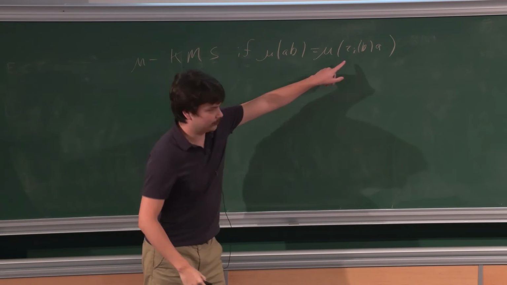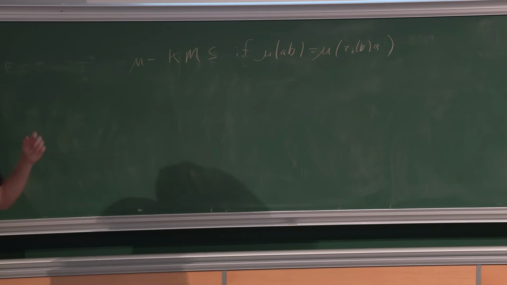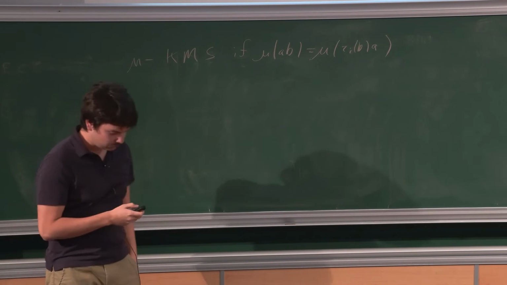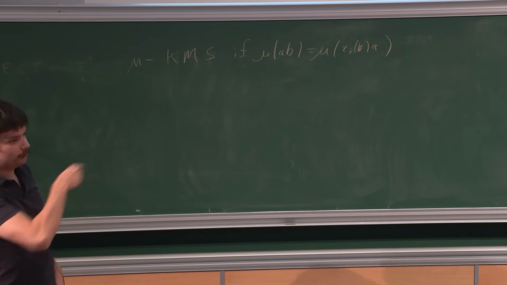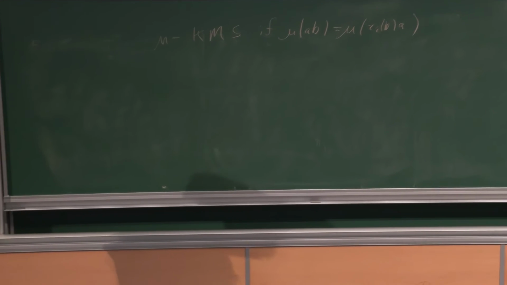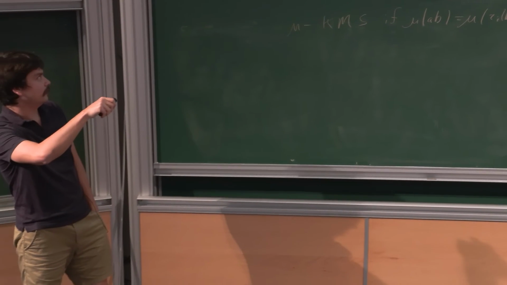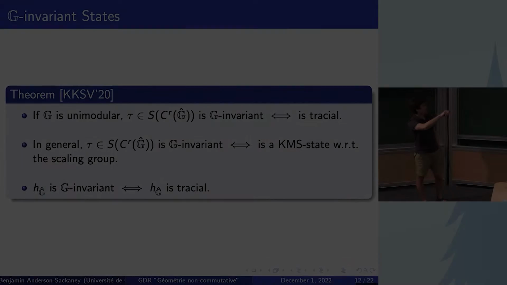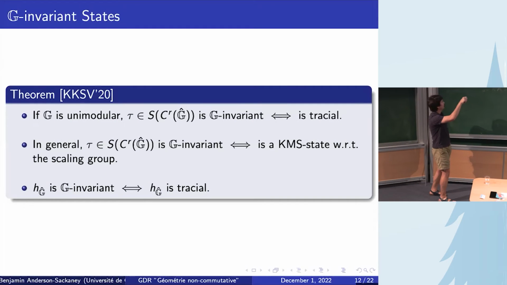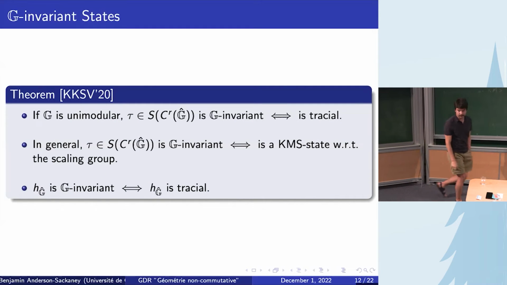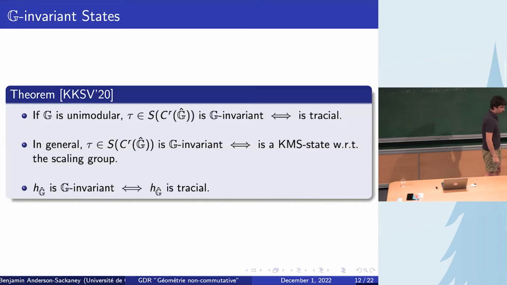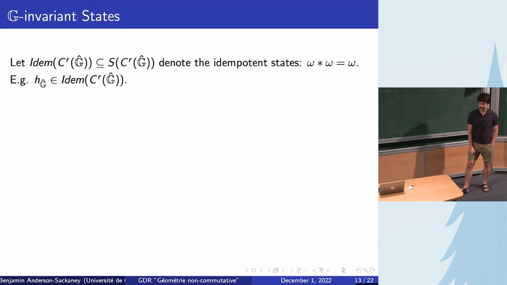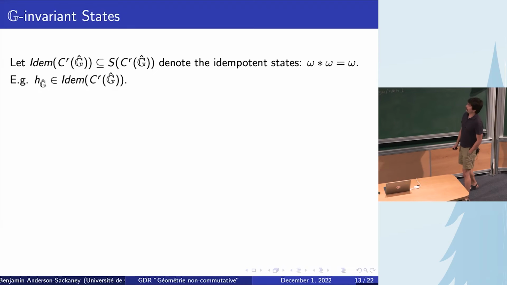And the scaling group is taking into account certain modularity properties of the discrete quantum group. So we have this sort of twisted tracial condition. So it's a KMS state. And another thing that they showed is that the Haar state is G-invariant if and only if it's tracial. So this thing is G-invariant only in the unimodular case. Okay, so that's what was known from them.